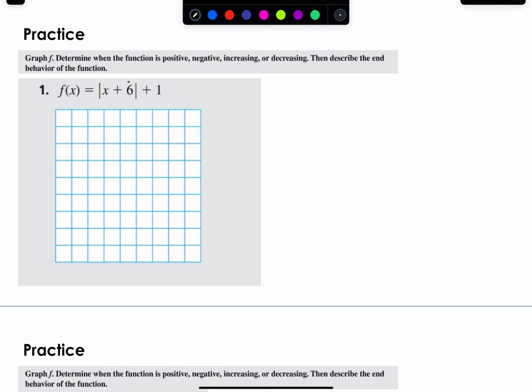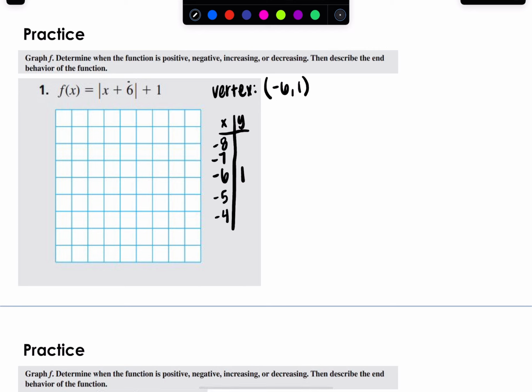So graphing number 1, my vertex is at the point -6, +1. So that is the middle point of my table, and I'm filling in accordingly. And now I'm going to plug in those values.